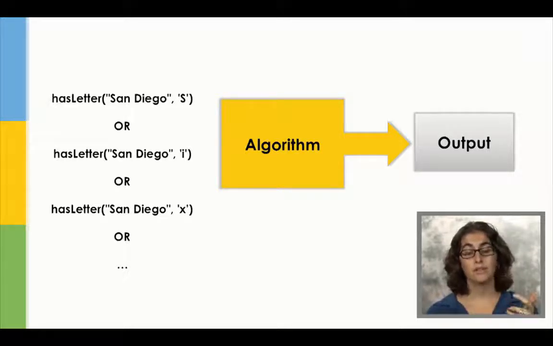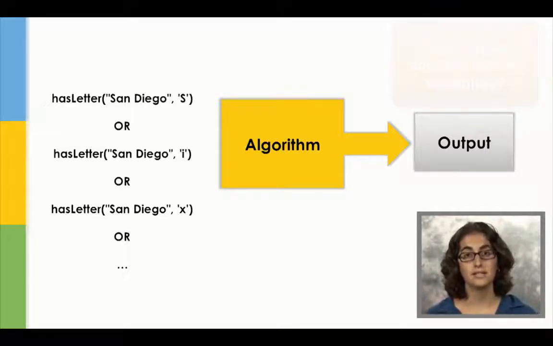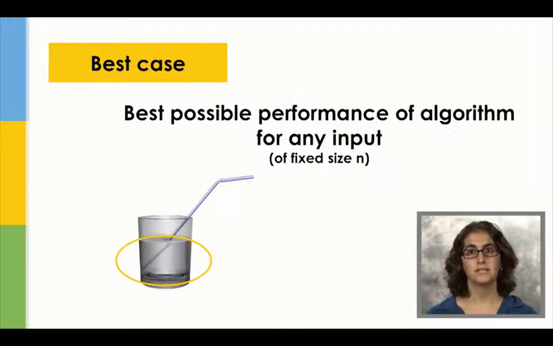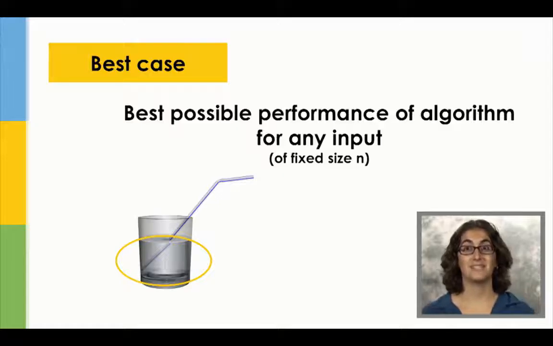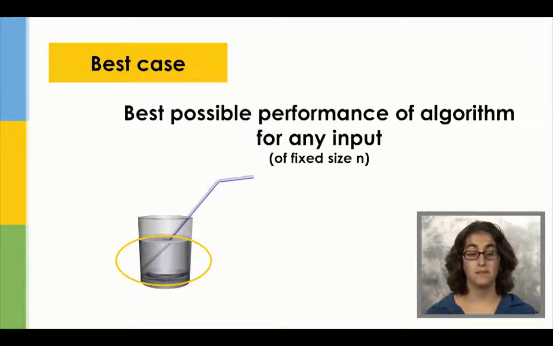And so what we'd like to do now is capture that variability in terms of the algorithm runtime and talk about the different contexts we might care about. So we might be optimistic and say, in the best possible case, how short might my wait be? How quick might my algorithm be?